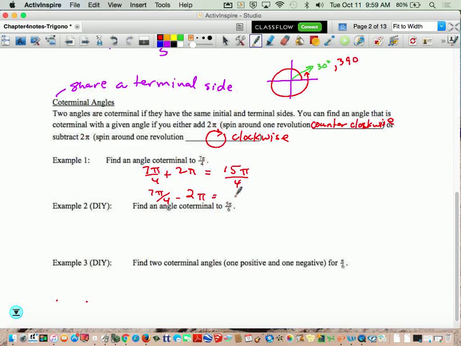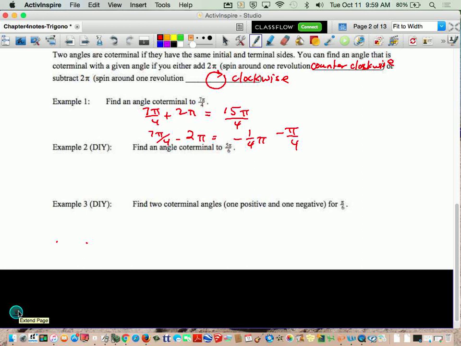So I have negative 1 over 4 pi, which is probably better to write just negative pi over 4. So finding coterminals in radians, even though it's a fraction, I would just use the calculator. So there's unlimited numbers of answers that you can do. So again, go ahead and pause the video now, do a couple of these, add 2 pi and subtract 2 pi to both of these and see what you come up with.